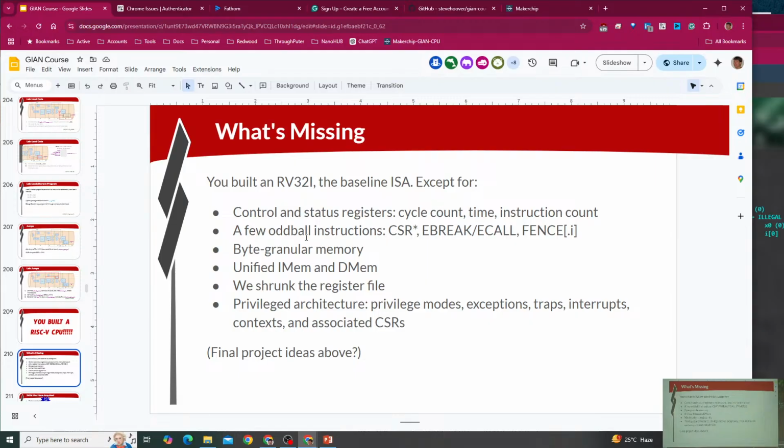Also a couple oddball instructions that we didn't support. Since we don't have control and status registers, we don't have to define the instructions that operate specifically on them. So there are instructions that read and write those registers. There are also instructions called ebreak, ecall, and fence.